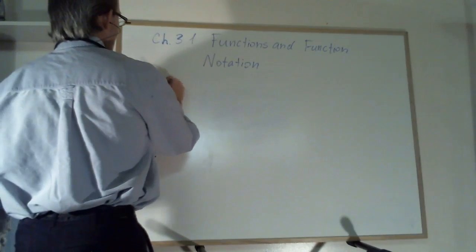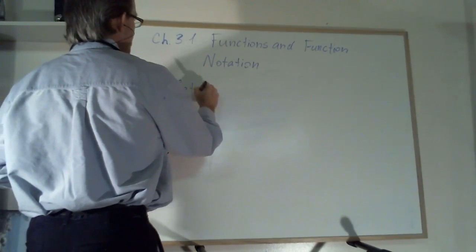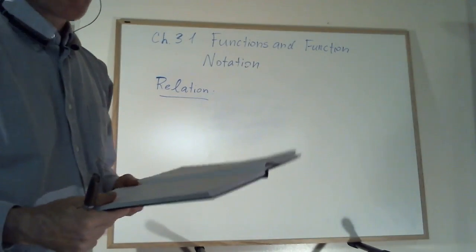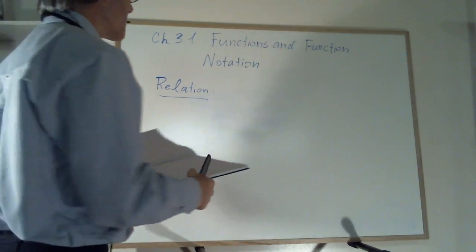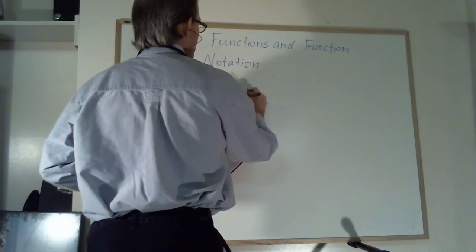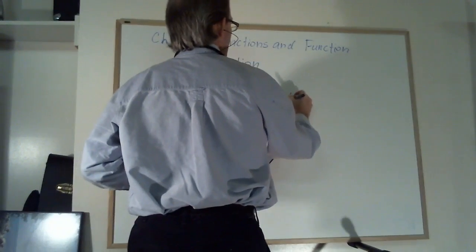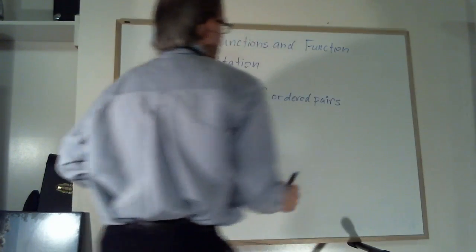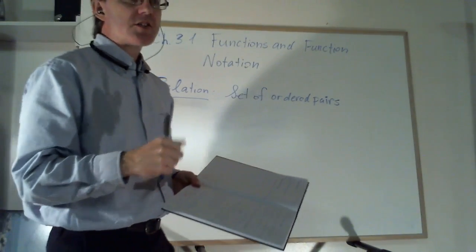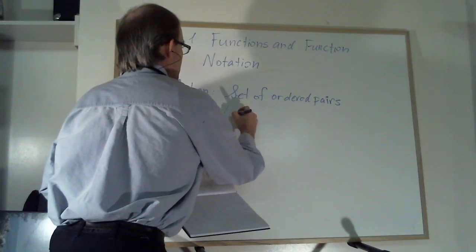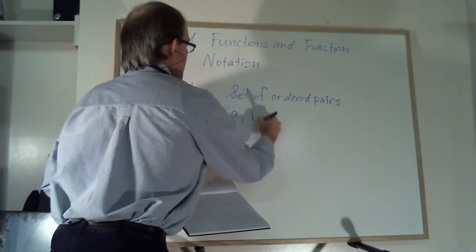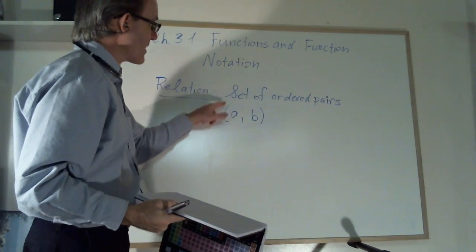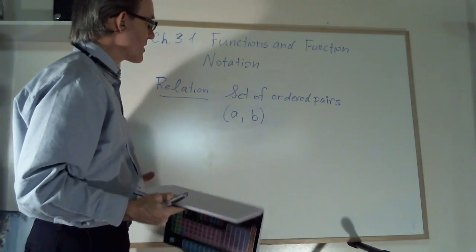The first thing I want to tell you about is relations. So a relation is a set of ordered pairs. So an ordered pair is a pair of numbers A and B, like this. And you use these curved brackets or parentheses with a comma in between.